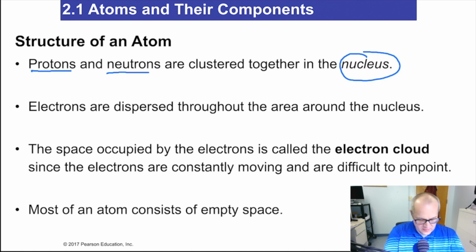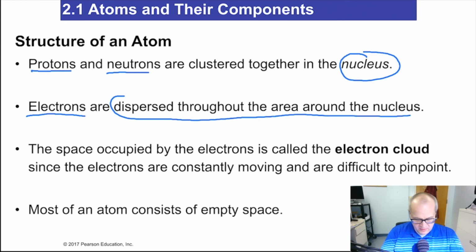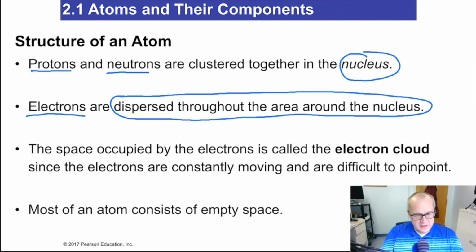Now, the electrons are dispersed throughout the area around the nucleus. They are around the nucleus. A lot of times when you see a drawing of an atom, people will draw the nucleus, and then they'll say the electrons are orbiting around the nucleus. These are electrons.